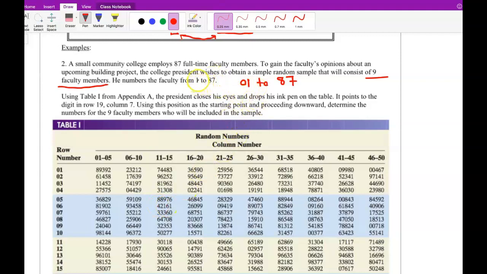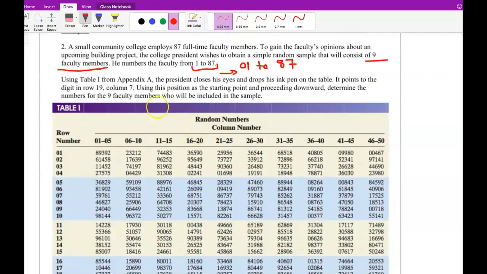You may say, from 1 up to 9 we have only 1 digit, so why are you choosing 2 digits? This is because this number is actually 01. So we have that.